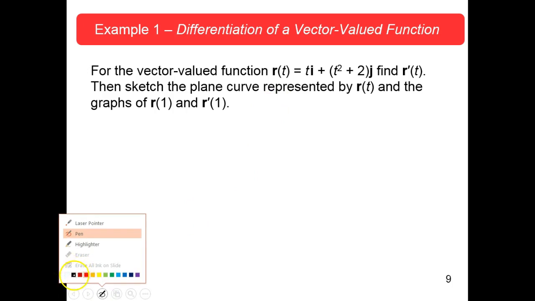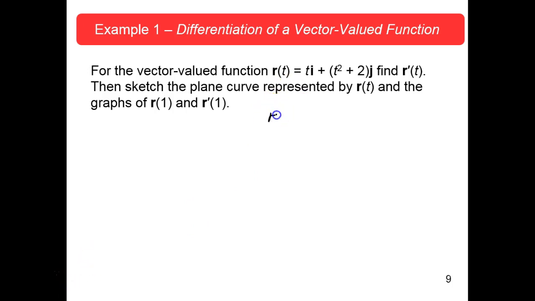I thought I had it set up, but I guess not. r prime of t would then be what? i, plus 2t j. There it is. Then sketch the plane curve represented by r of t and the graphs of r of 1 and r prime of 1.